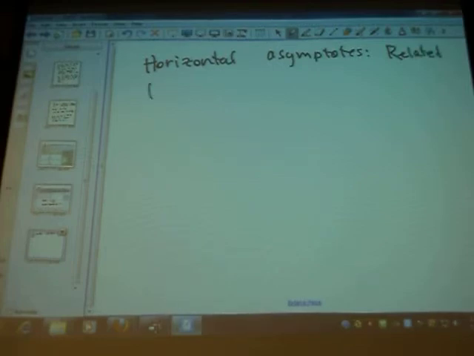Okay, what do I mean by degree again? The exponent. Highest exponent, yes. Okay, almost done.